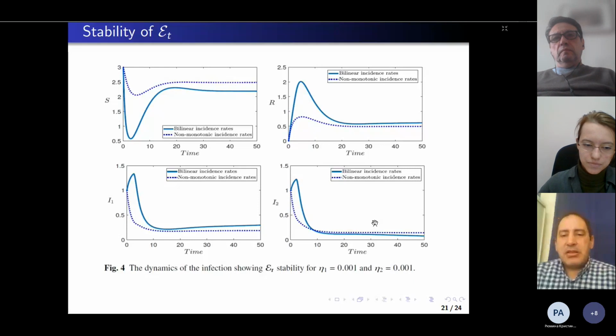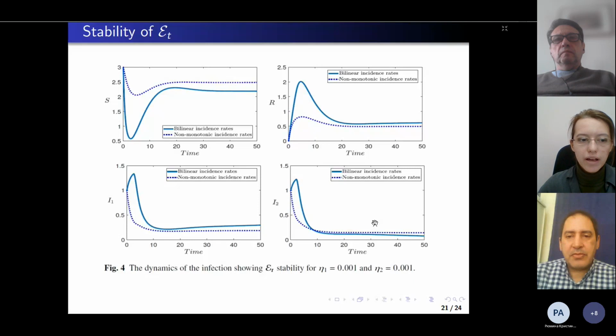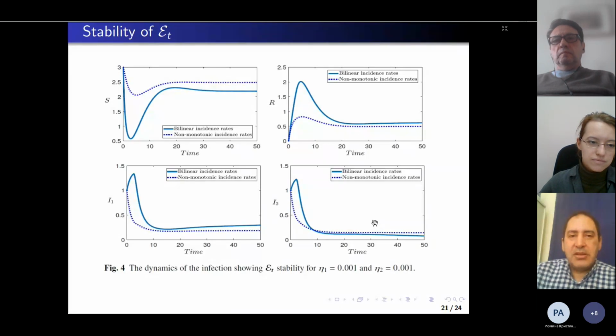Sorry, Dr. Mozokhina, the first question is why they are not symmetric, and the other question is why the susceptible is not zero? Yes, when we have the endemic equilibrium of both strains, why does not all the population become infected? Why are the susceptibles not zero here?